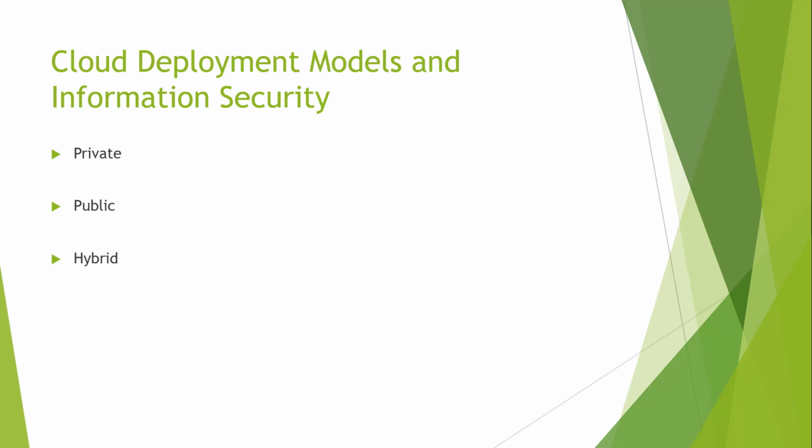While competitors can use the same public cloud, there are rights and permissions that prevent data from going from one subsection of the public cloud to another. And a hybrid is a combination of both. There are also community clouds and other types of clouds, but these are the big three.